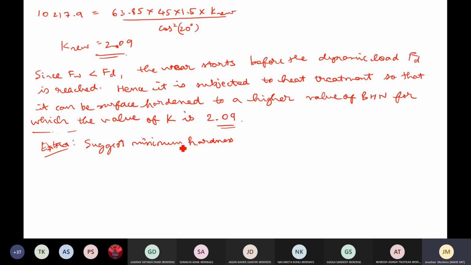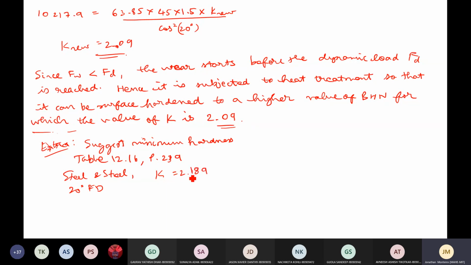So 2.09, if you go to table 12.16, page 350, yes, correct. If you see steel and steel, you find a value of K under 20 degrees full depth, K as 2.189.